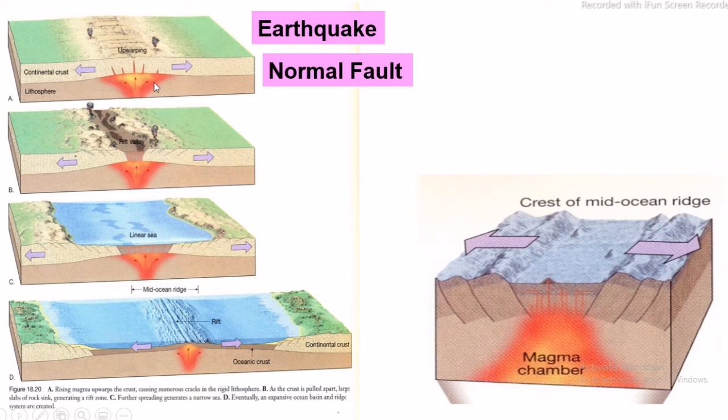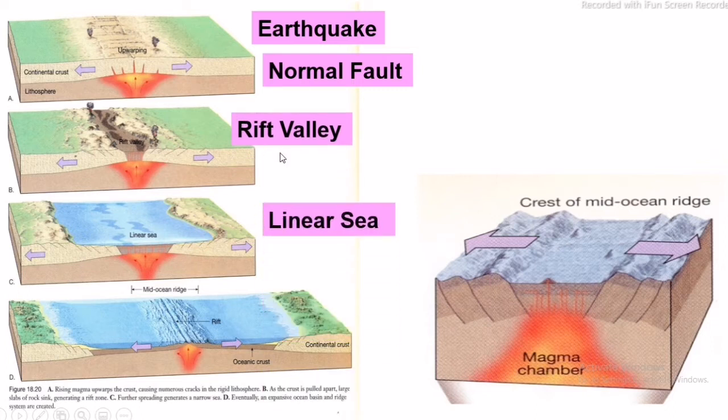And then the plates will now move away from each other. So divergence of the two plates continues, and there will be Rift Valley that will be formed until that Rift Valley will become linear sea.